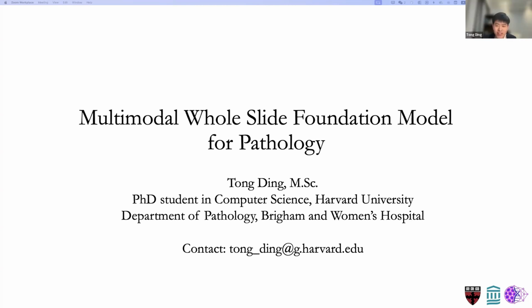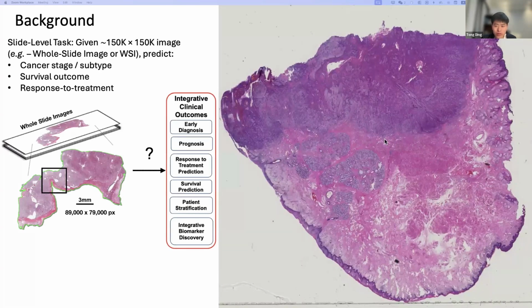Yeah, sure. Thanks for having me, and thank you for your introduction. As many of you are already familiar, unlike natural images, histopathology whole-slide images can be as large as 150,000 by 150,000 pixels.